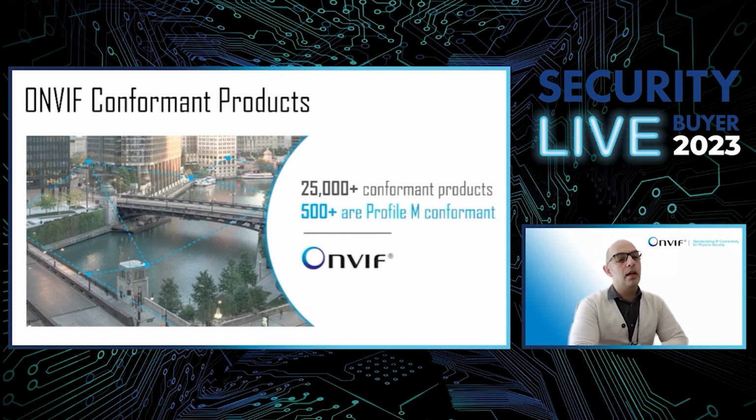You can see all the products that have been tested, what feature set they hold, and details about the products there. There are over 25,000 conformant devices in the database now, and at last count it was roughly 500 plus conformant Profile M products. So it's really growing fast, and you can see all of this information in the database.